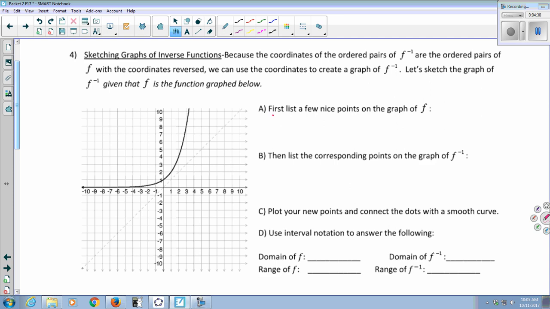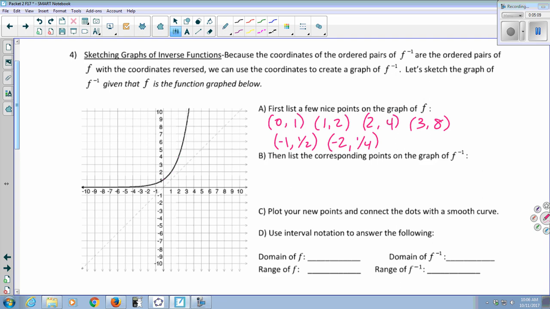So let's see, I've got 0, 1, 1, 2, 2, 4, 3, 8, and then maybe I'll do a negative x, like negative 1. That looks like maybe a half, and negative 2, 1/4. So there's a few points on f.